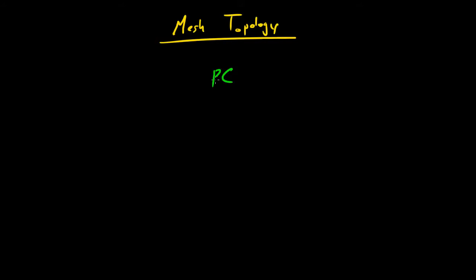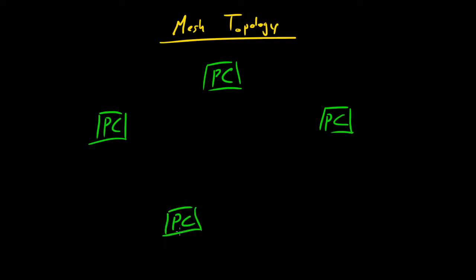Let's say that we have, let me just draw like 5 PCs or something. A PC here, a PC there, a PC everywhere, and it doesn't matter if these are desktop PCs or laptops or anything like that. You need 3 or more for this mesh topology to work out. But this is basically what it is. It's a topology where every single node is connected to every other node.